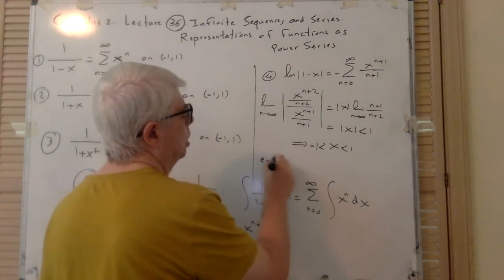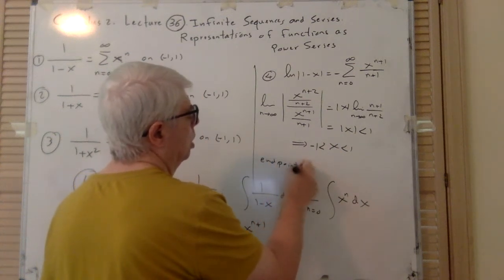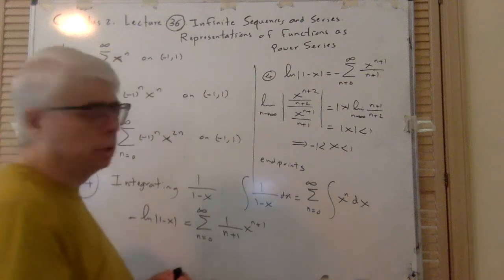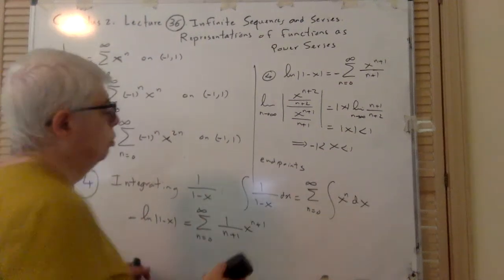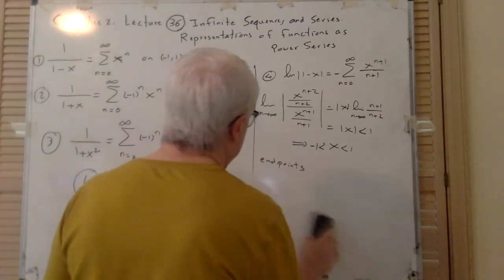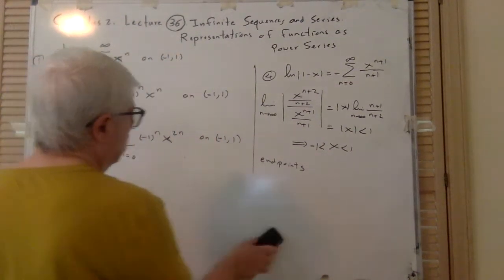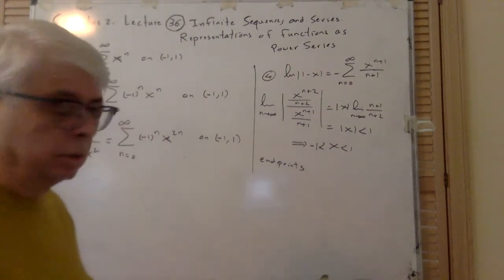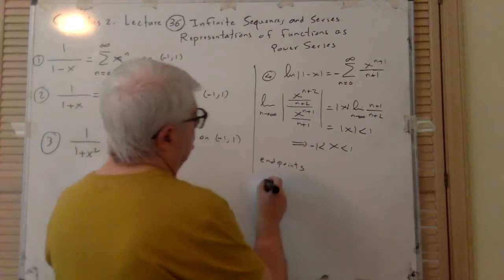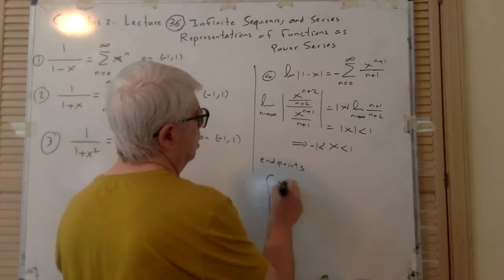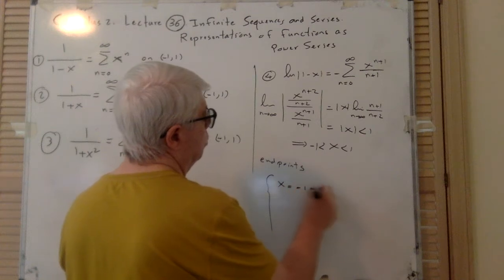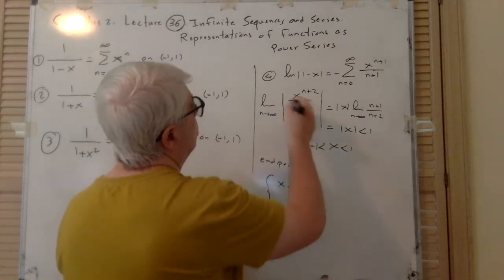Endpoints. So let me erase this and find the endpoints. X equals -1 gives me, what is it?